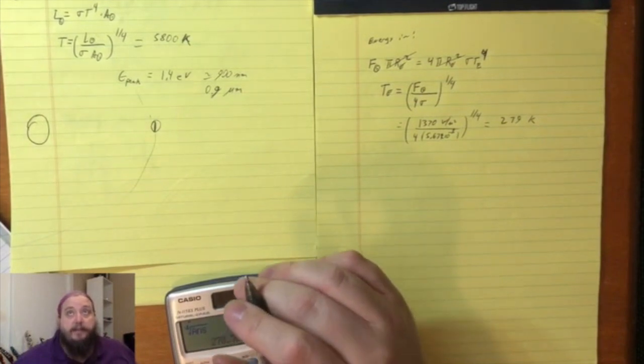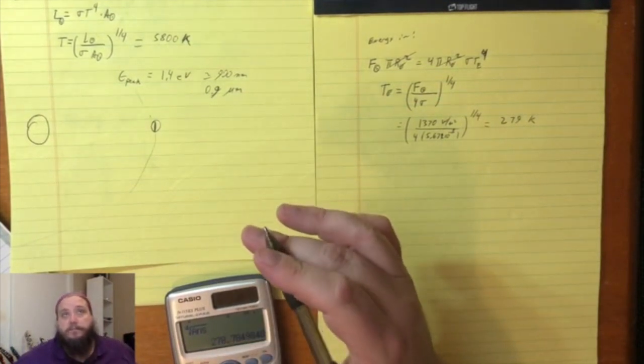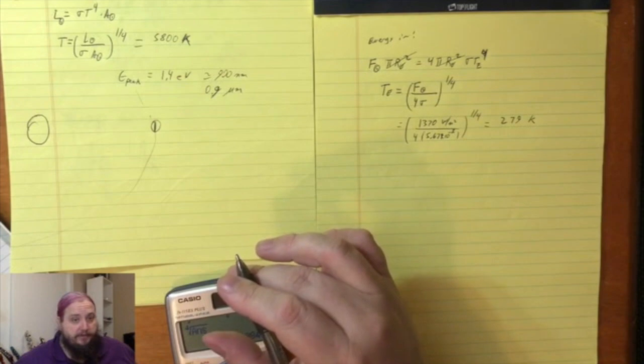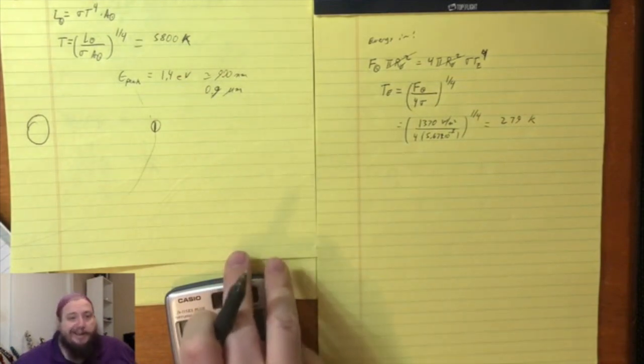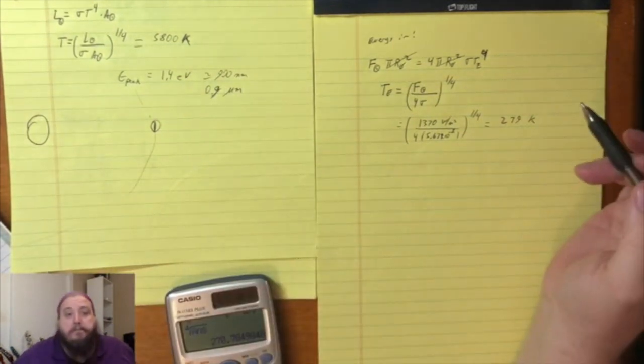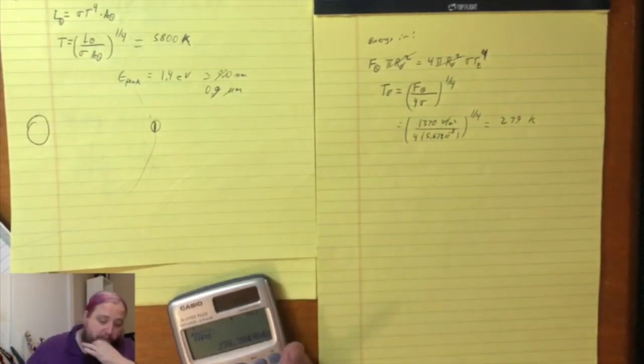So that's barely above freezing. That's an average temperature of the Earth. That's not too terrible an approximation.